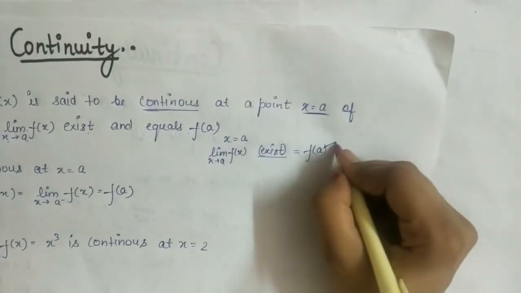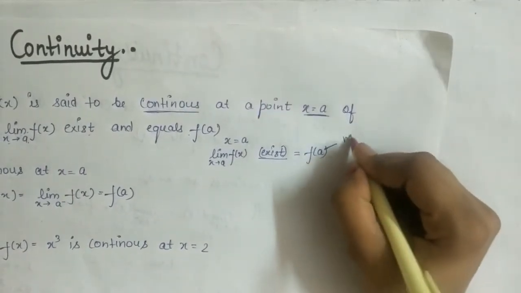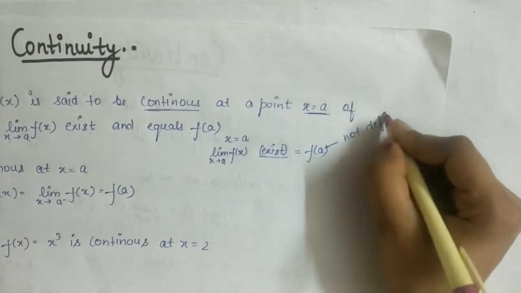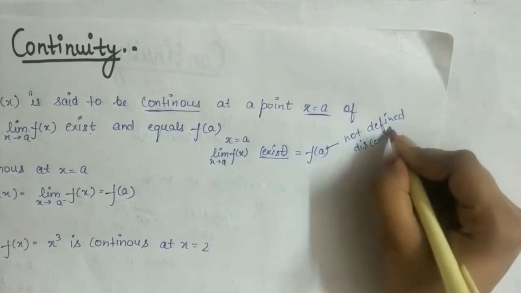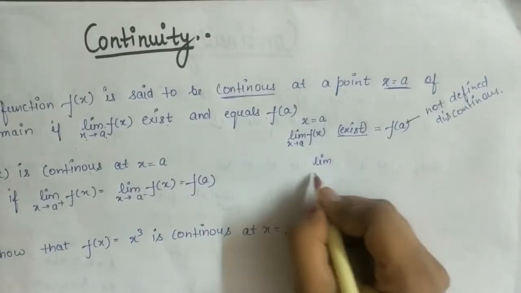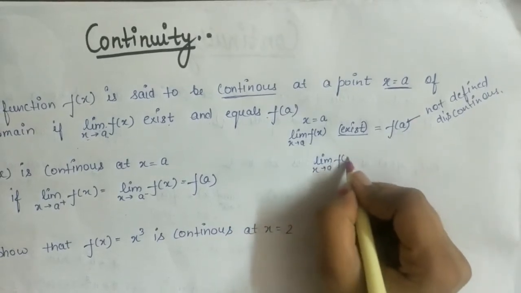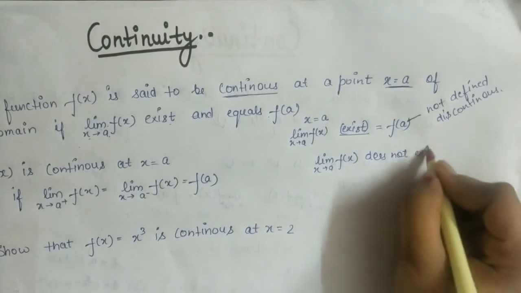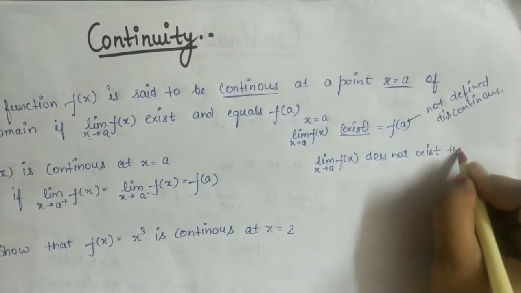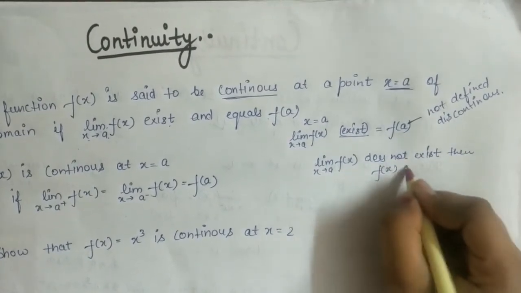If f(a) is not defined, then our function is discontinuous. And if limit x tends to a f(x) does not exist, then the function is discontinuous.